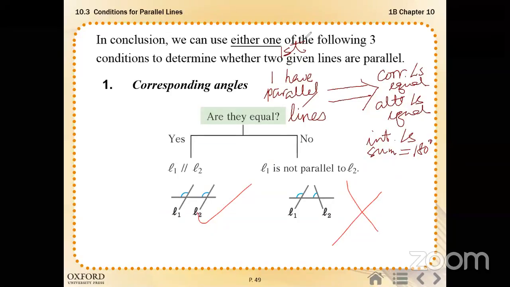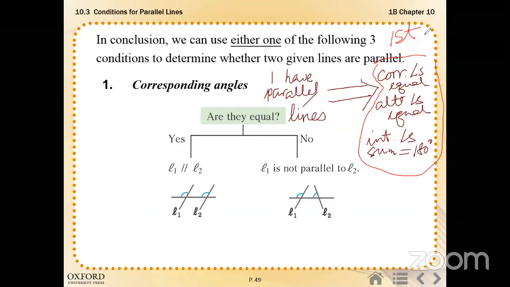We have this part first. This time, we have this part first at the beginning. If we know this, then we tell people that I've got some parallel lines.